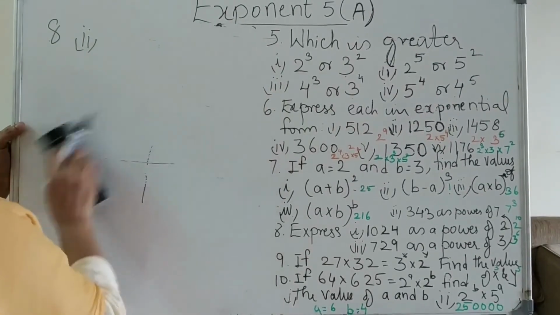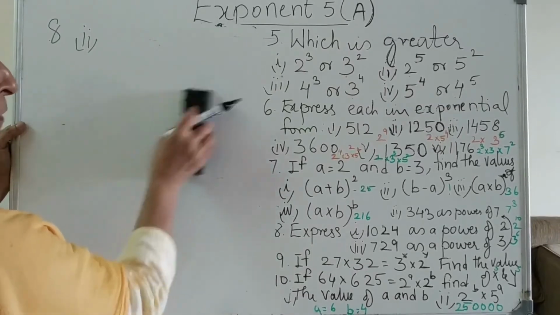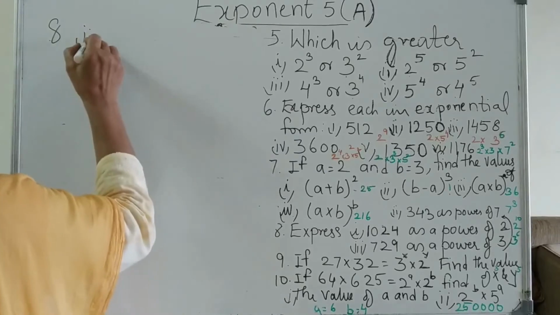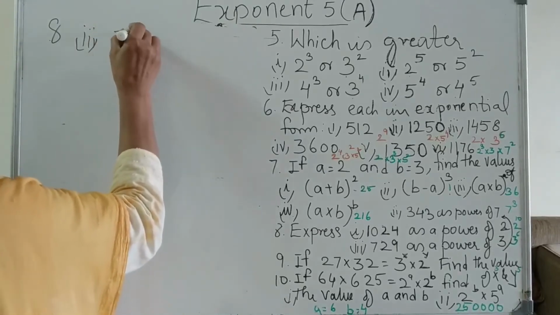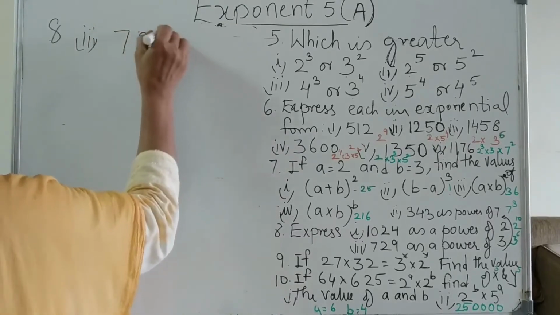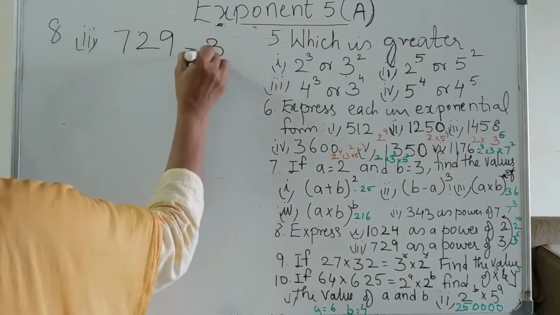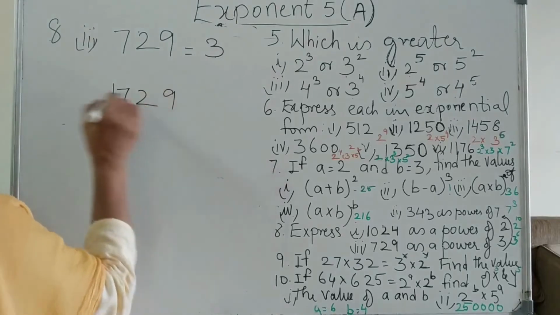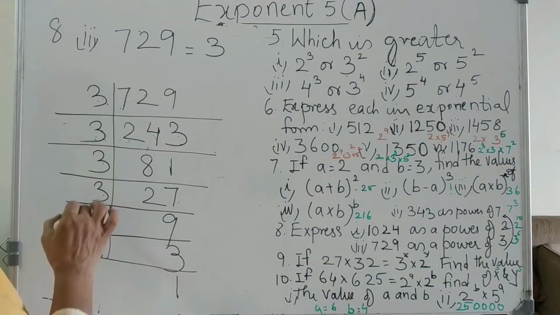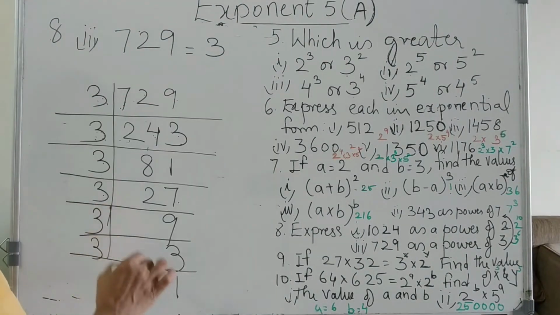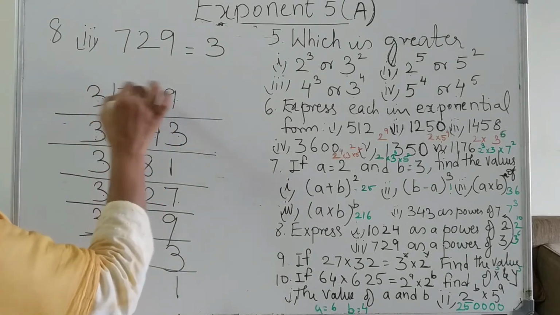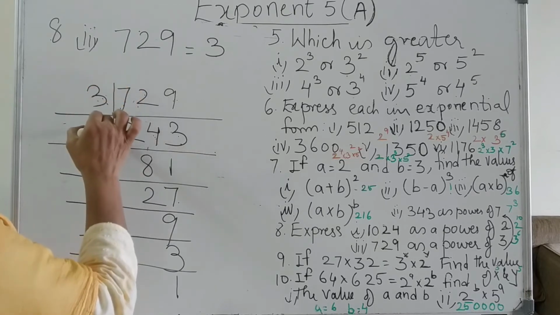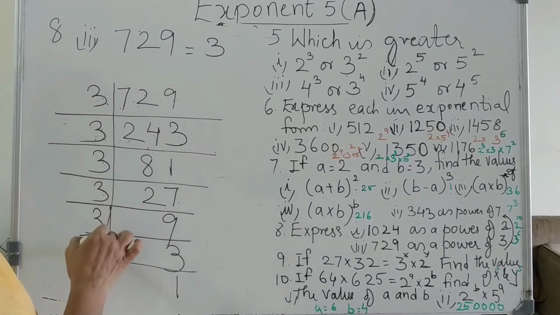Now let us do the third sum. In the third sum, it is 729 to be written as a power of 3. So again you have to factorize 729. 3 in the table, 81, and you get 729 by multiplying 3 how many times? 1, 2, 3, 4, 5, 6.